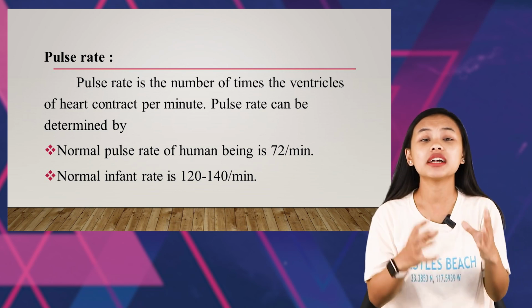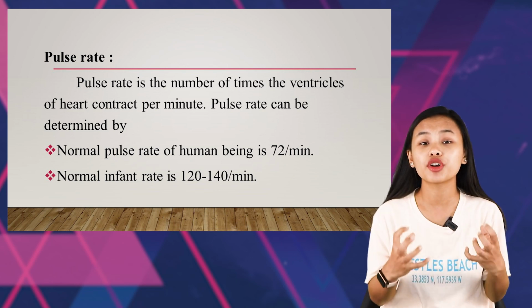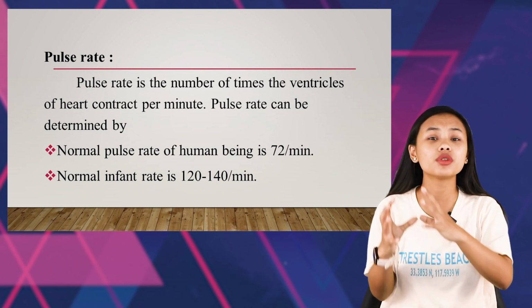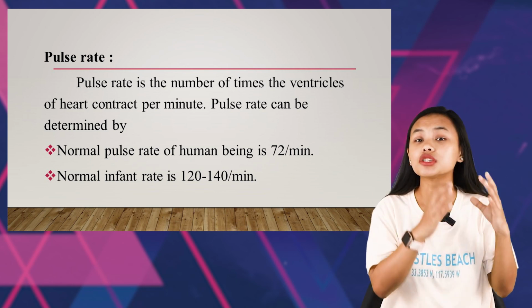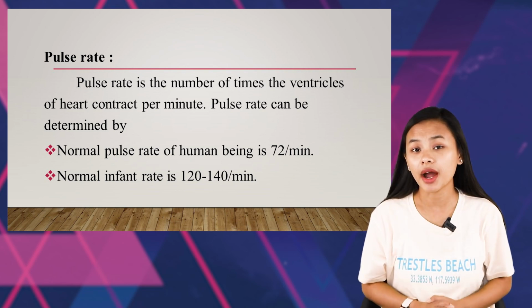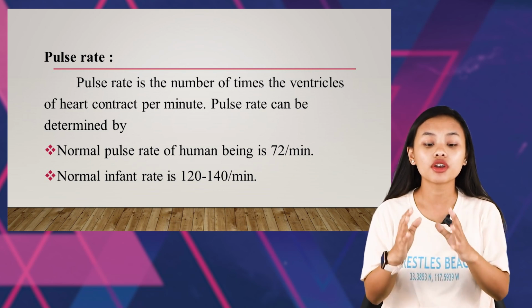It is defined as the number of times the ventricles of the heart contract per minute. So the number of times that the left ventricle of the heart will be contracting per minute is known as the pulse rate. This pulse rate can also be determined by palpating the pulse or even through electrocardiograph.